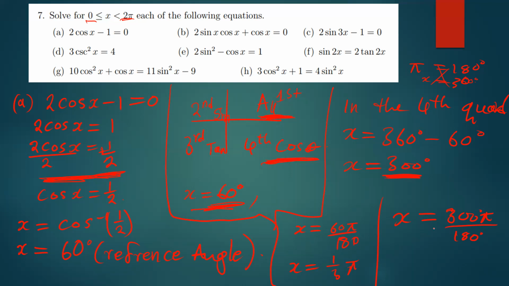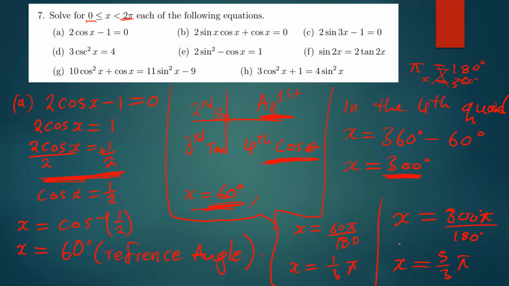When you reduce this, you cancel the zeros there and get 30/18. Then reducing that further, you find the number that can go into 30 and 18, which is 6, so you can just write 5/3 pi.